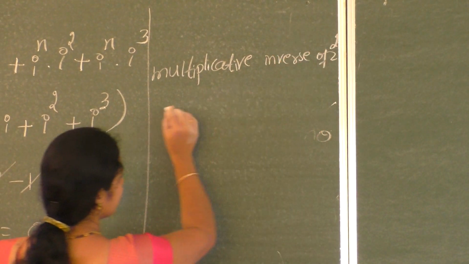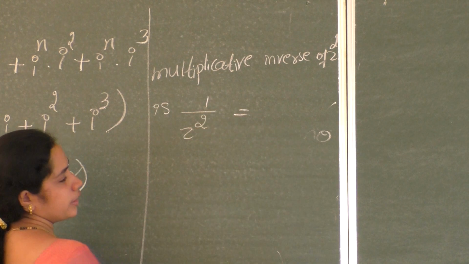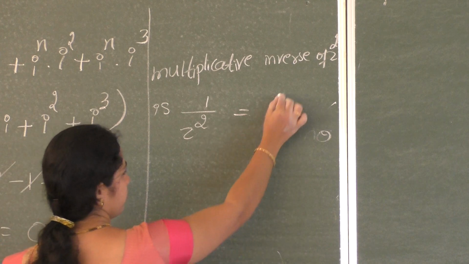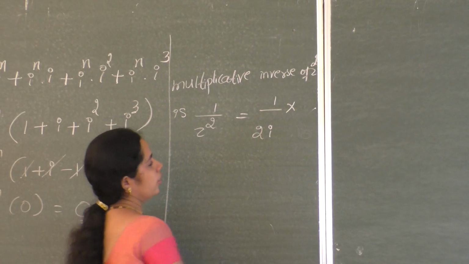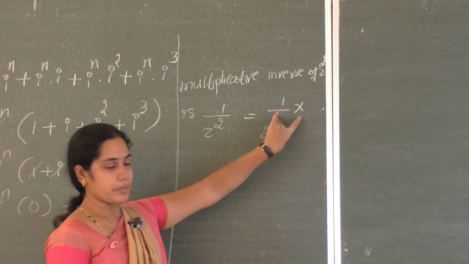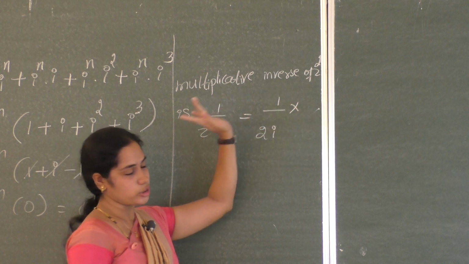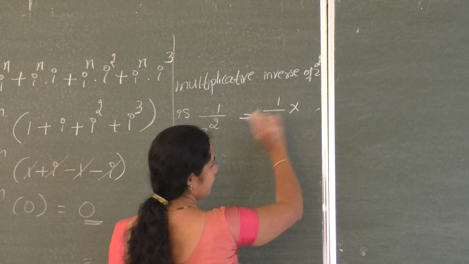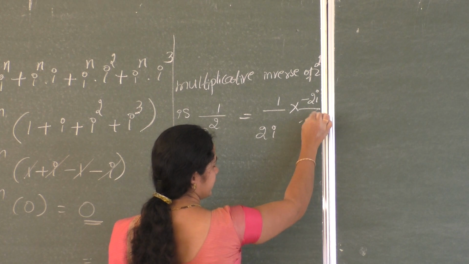The multiplicative inverse of z square is 1 by z square, that is equal to 1 by 2i. Here, if the denominator contains a complex number, we always need to multiply and divide it by its conjugate. What is the conjugate here? Minus 2i divided by minus 2i.